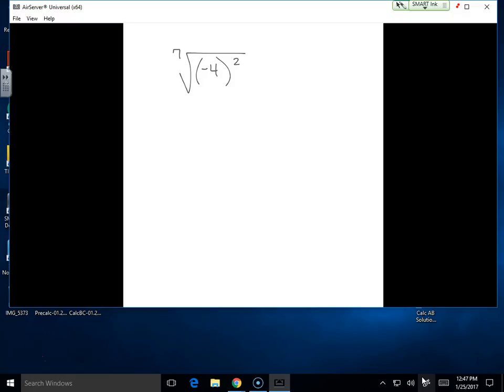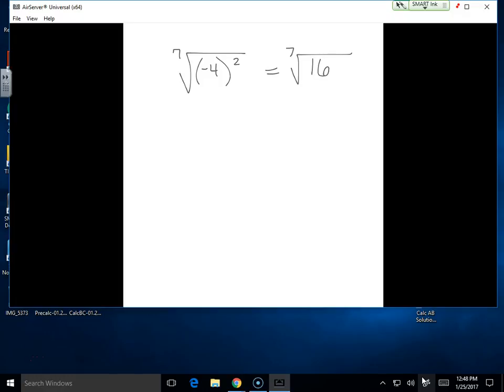Parentheses, exponents, multiplication. PEMDAS tells us to look on the inside first. The negative 4, we can't do much there. But as we move outside to the negative 4 squared, we technically make this the seventh root of positive 16.